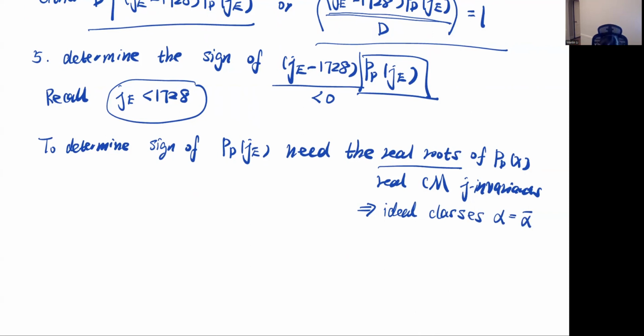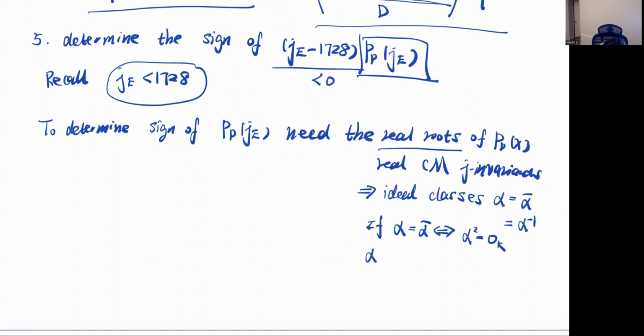And its complex conjugation is nothing but alpha inverse. So alpha equals alpha bar exactly when alpha squared equals the identity, equals OK. This means that alpha is a 2-torsion element in the ideal class group.